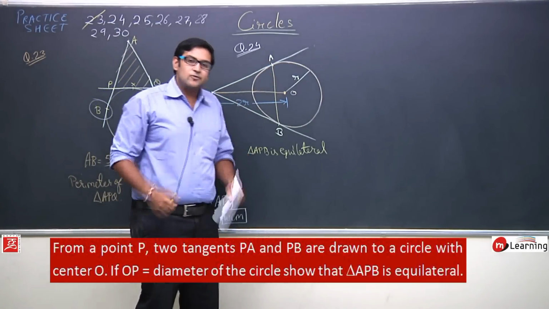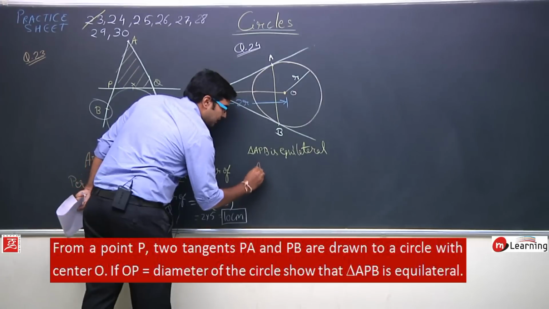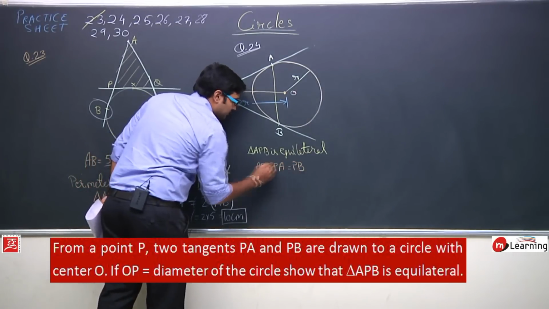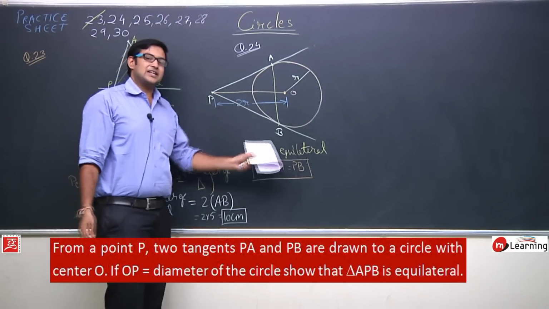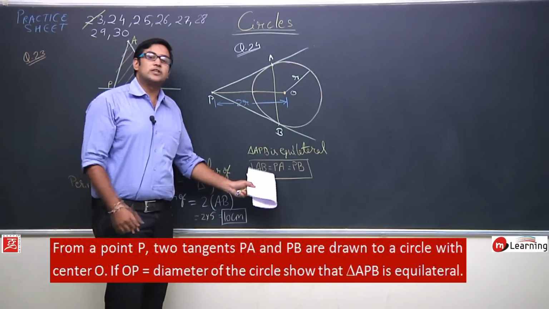So what is the condition for an equilateral triangle? If I prove AB is equal to PA is equal to PB, if I prove this relation, can I say that this triangle will be an equilateral triangle? Yes, I can say that if I prove this condition.